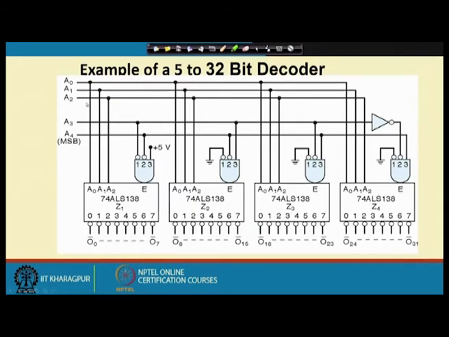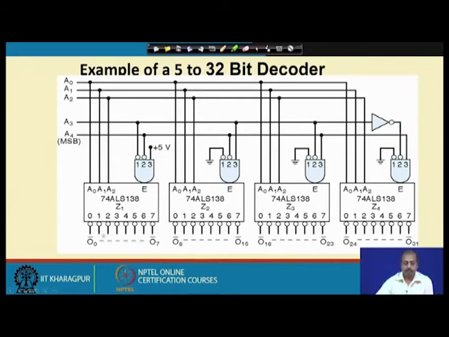Now, since there are 5 input lines, A0 to A4, these are the input lines that I have. A0, A1, A2 are fed to A0, A1, A2 of all the 4 decoders, all the 4 74138s. Using A3 and A4, we select between the 74138 that we want.